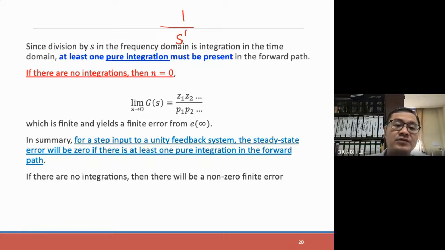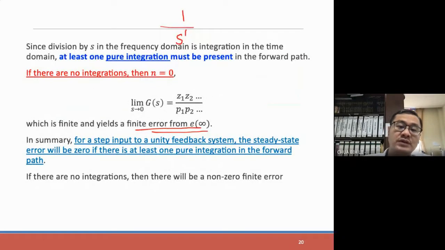If there are no integrations, no integral components in the transfer function, then n equals 0, and a finite error will occur.